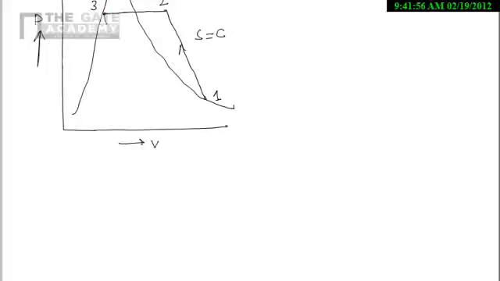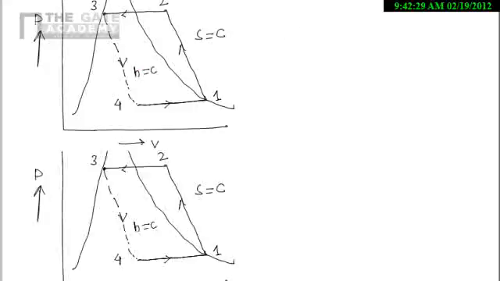So this is the 3 to 4 process, and 4 to 1 is the heat addition in the evaporator. This is a typical representation of the vapor compression refrigeration cycle on the PV diagram. Here from 3 to 4 enthalpy is constant.